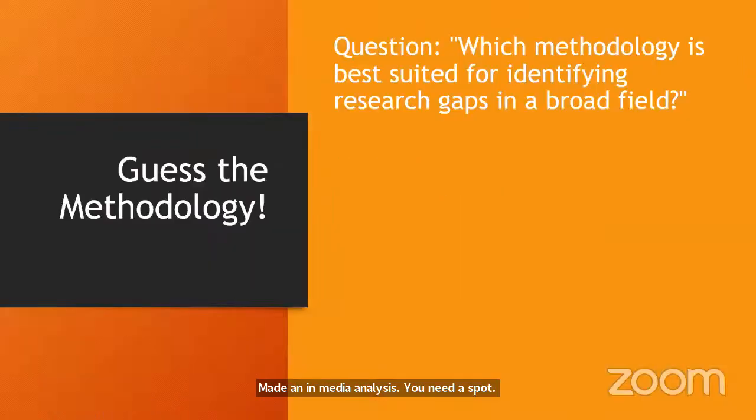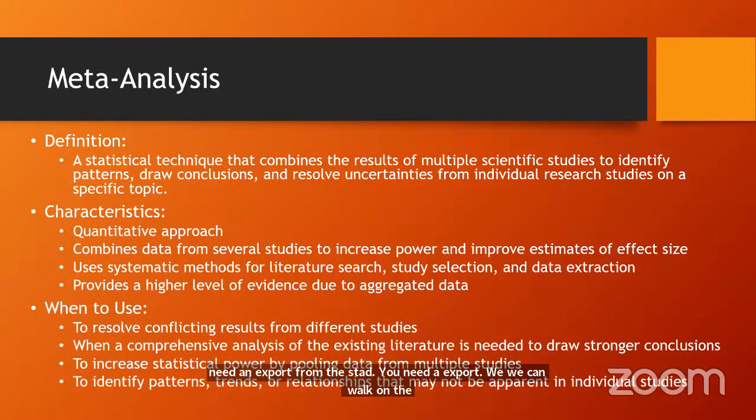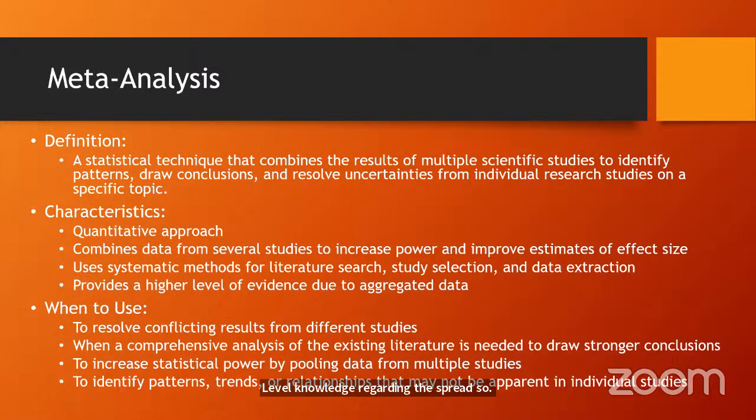You need an expert who can work on the meta-analysis, who has knowledge regarding the stat. So your data must be homogeneous to continue with the meta-analysis. So it is not compulsory. If you are doing a systematic review and you have lots of numerical data, it's up to your choice whether you do a meta-analysis or not.